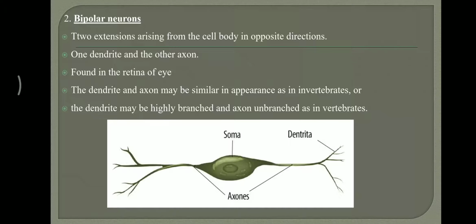In invertebrates, we can see dendrite and axon in similar appearance. But in vertebrates, dendrite may be highly branched. We can see a highly branched dendrite and unbranched axon in vertebrates.